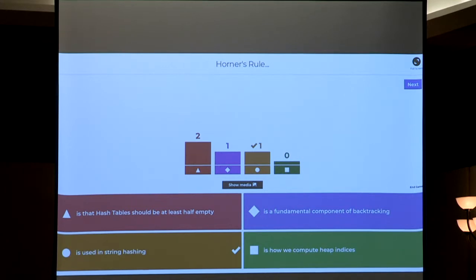None of these other rules have names. Who remembers what Horner's rule is? What it has to do with string hashing? Does anyone remember the string?